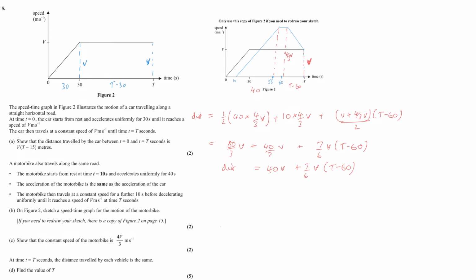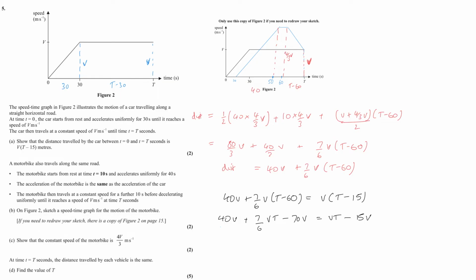Now what we need to do is equate them. I'll just change the colour up. So we've got 40v plus 7/6 v t minus 60 equals v t minus 15. So 40v plus 7/6 vt minus, now 7/6 times 60 is 70, so minus 70v equals vt minus 15v.